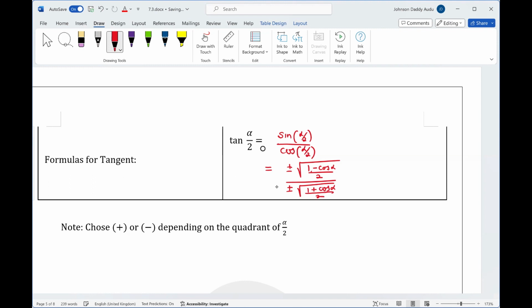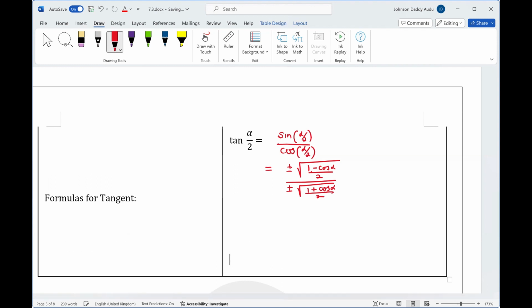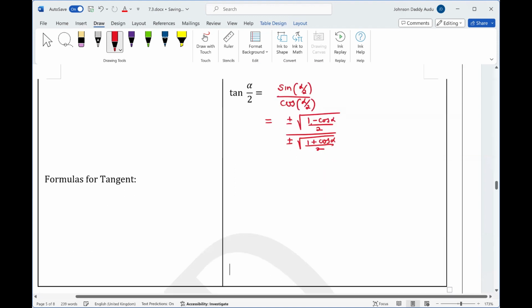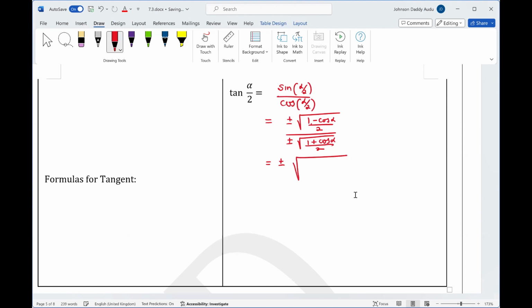So this is what we have when we use the earlier results. But it is still just going to be plus minus. If you put them under one root, we will be left with 1 minus cosine alpha over 1 plus cosine alpha, right? So at this stage, you have two options. You can rationalize by the denominator.